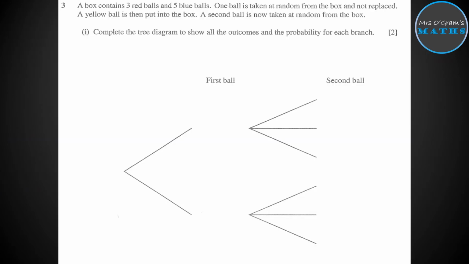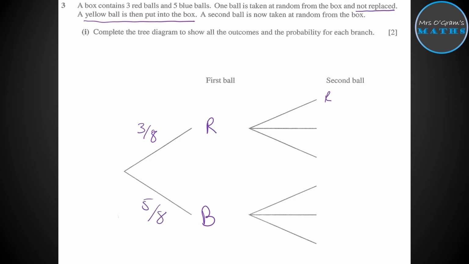Okay, a fairly straightforward tree diagram to do now, with red and blue balls in there to begin with, so we can either have red or blue on the first ball. The important thing is it then is not replaced, but a yellow ball is put back in after that first one is taken out. So to begin with, we have 3 out of 8 on the red and 5 out of 8 on the blue.